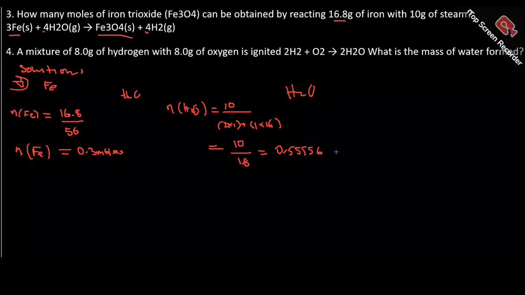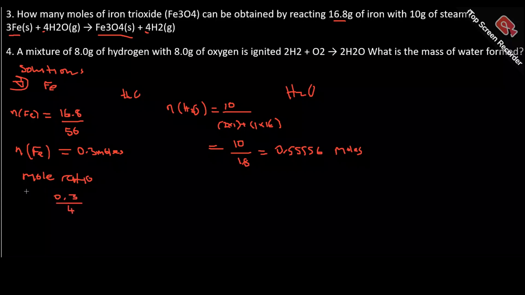Now, what are we supposed to do here? We've managed to find the number of moles of iron and water. From there, you're supposed to find the mole ratio. How do you do so? Very simple. Just get the coefficient of the reactant and divide the number of moles that you have by it. So you're going to say 0.3 divided by 4.